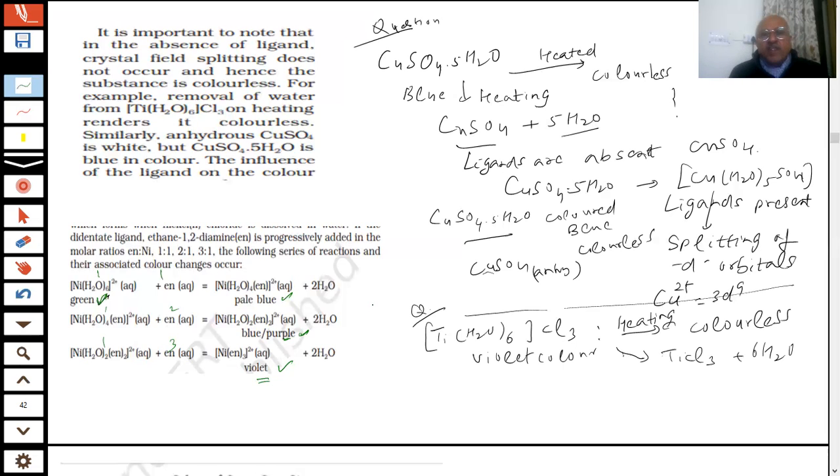So as the series of reactions shows, in aqueous solutions of nickel 2 complexes with an increasing number of ethane-1,2-diamine ligands, the color is changing.